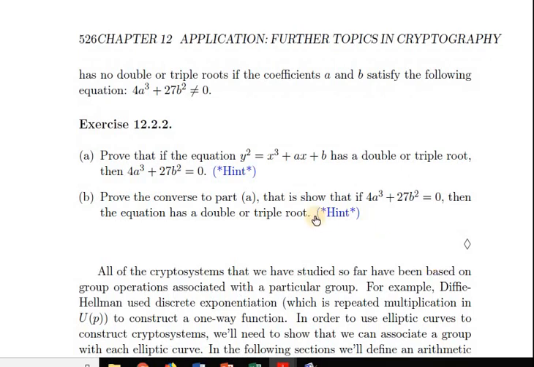If we have this form y squared equals x cubed plus ax plus b, as long as we avoid the case where 4a cubed plus 27b squared equals 0, then we can have an elliptic curve that doesn't have a double or triple root. In other words, it does not have a self-intersection or a cusp. So we make sure that we avoid this case 4a cubed plus 27b squared equals 0 when we choose our elliptic curves.